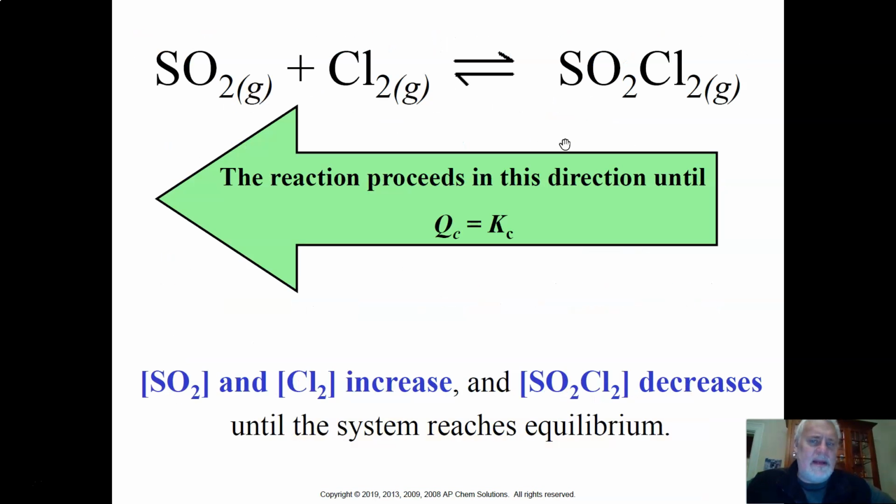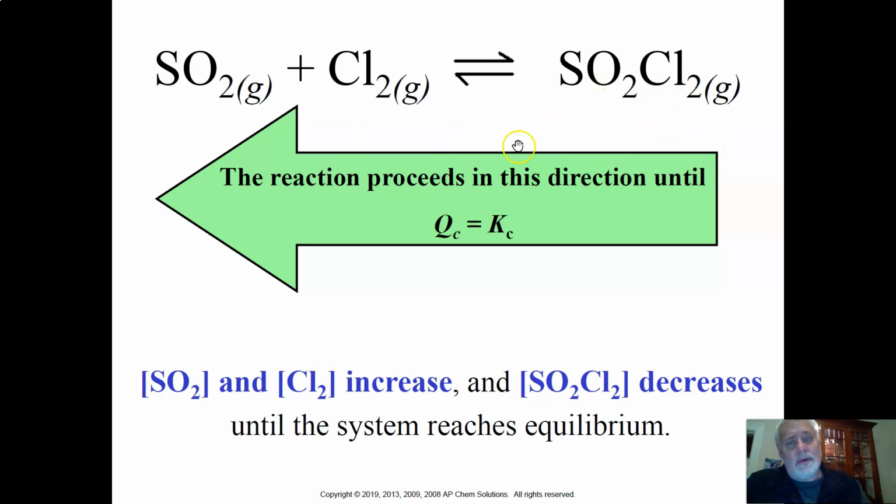So a lot of times this is just done with a big arrow. I think I've mentioned this before. Sometimes you'll have a big arrow going left and a little arrow going right, because a little tiny arrow to the right is the reality. It will proceed in this direction, but at no point do these stop forming new SO2Cl2.